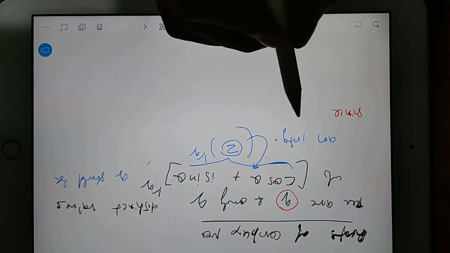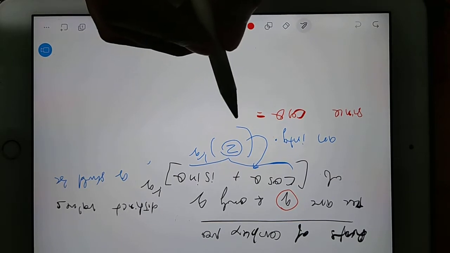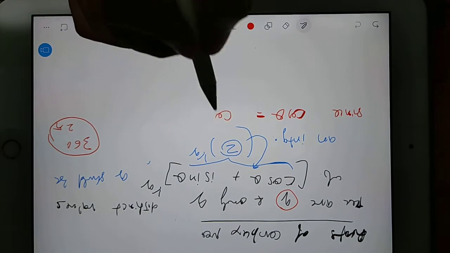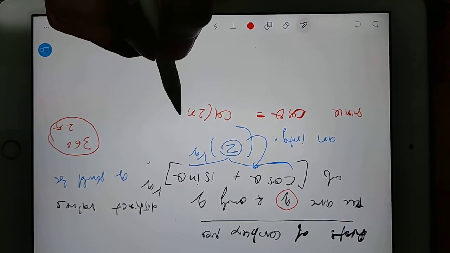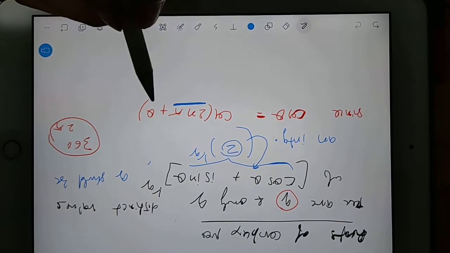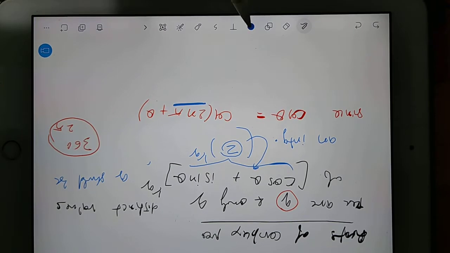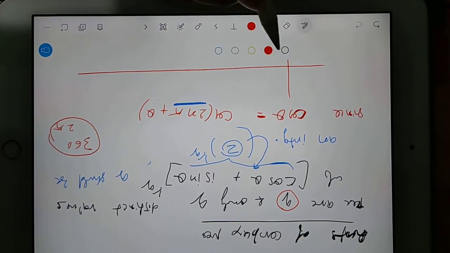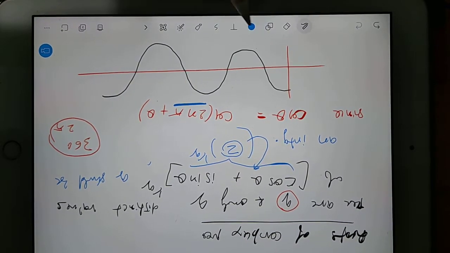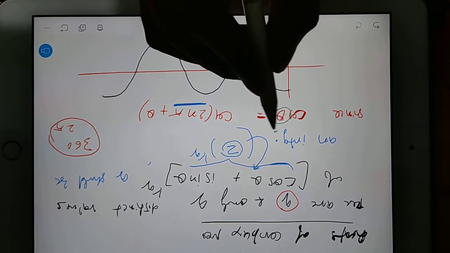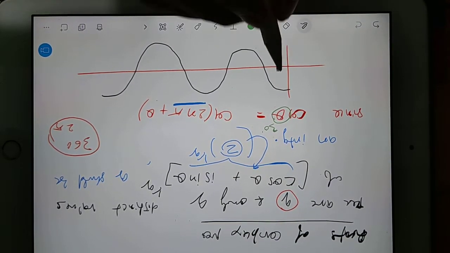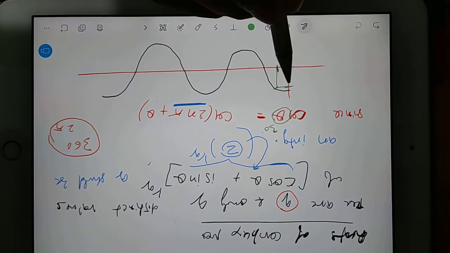Since cos theta, we can always write in terms of 360, nothing but 2 pi, and from trigonometry we know this cos 2n pi plus theta. Now, if you want to understand how cos 2n pi plus theta is equal to cos theta, look at the cos diagram. Suppose I am considering theta as 30 degrees. This line represents 30 degrees.